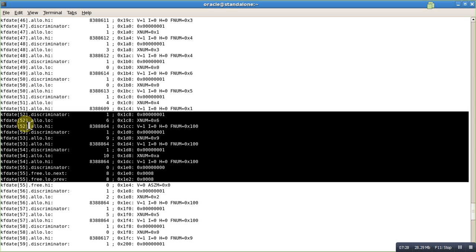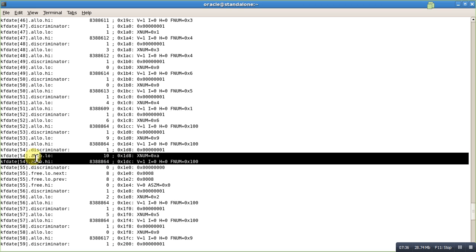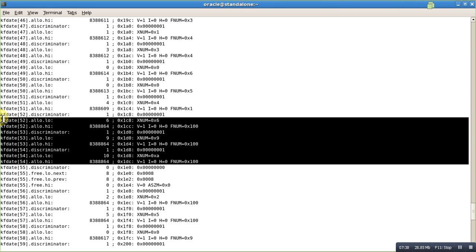So 52, 53, 54. Sorry, allocation units 52, 53, 54 are allocated for the file number 256, and the extent numbers we have here are 6, 9 and 10.